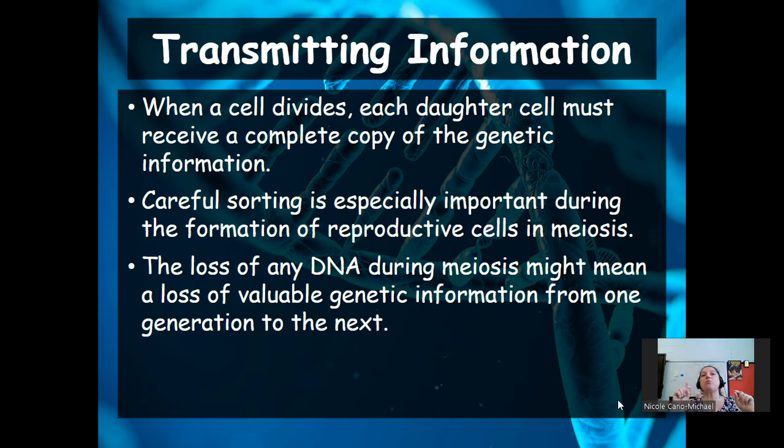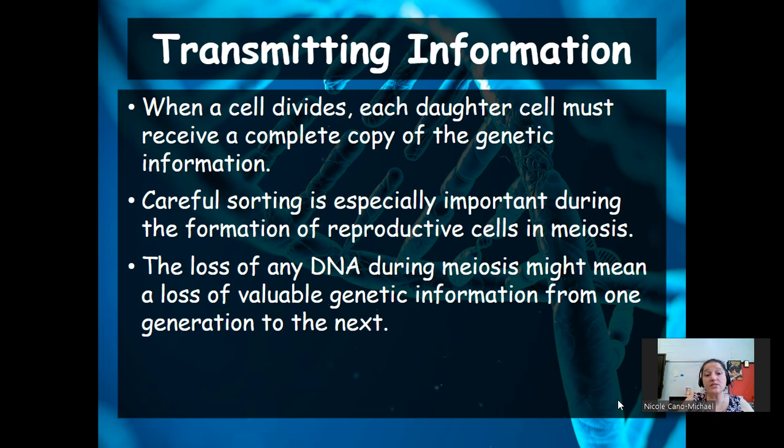Transmitting information is probably a lot more important in meiosis because, and we remember this, remember disjunction, if there isn't that careful sorting during meiosis, what ends up happening is that the sex cells, the reproductive cells, the gametes, the haploid cells, whatever you want to call them, end up with errors in them.